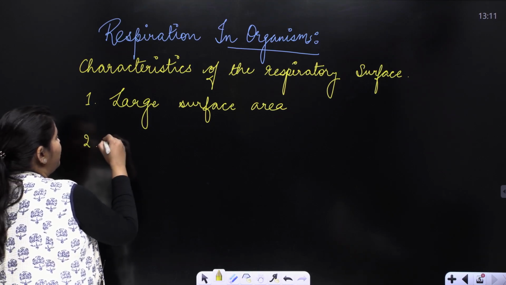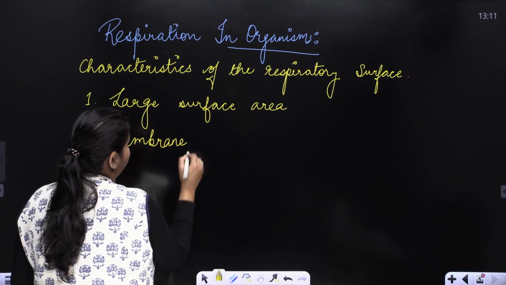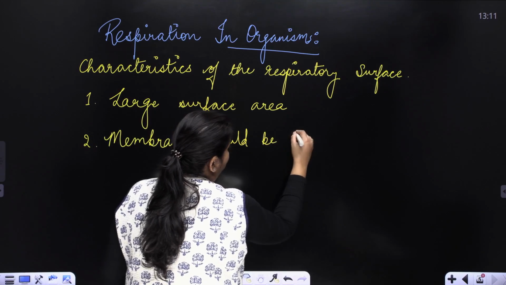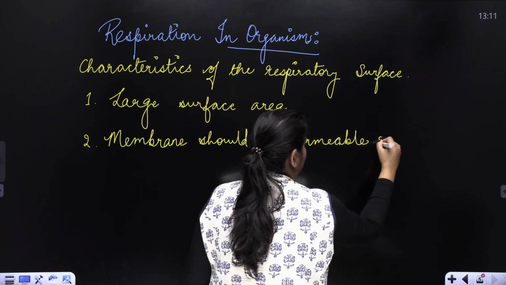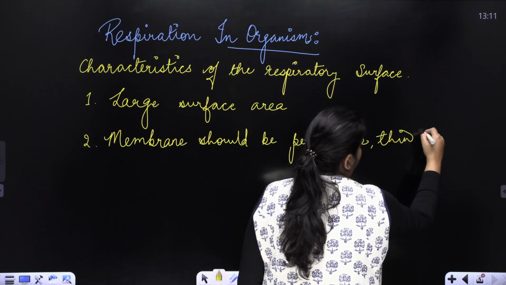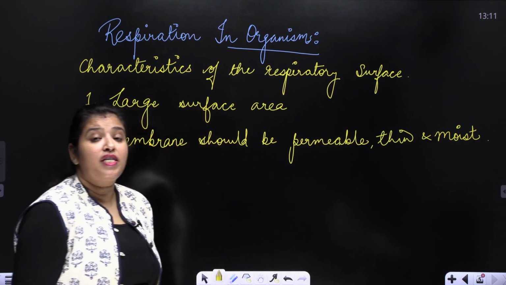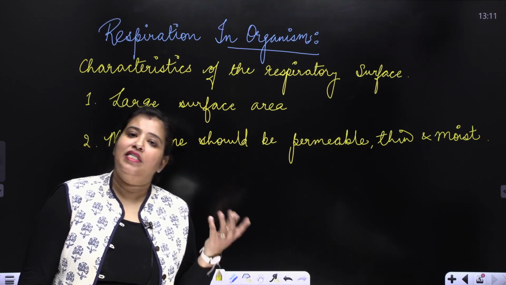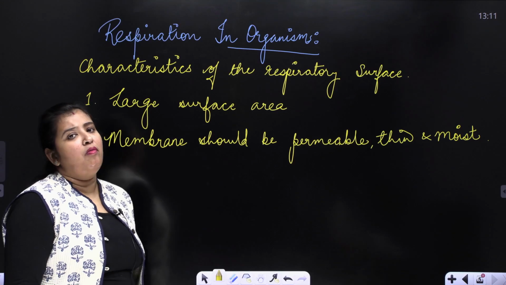The respiratory surface or the respiratory membrane should be permeable, thin and moist. Remember, a dry surface cannot allow the process of diffusion, because when the cell surface is dry, it is considered to be dead. So the membrane should be permeable, it should be thin, it should be moist as well.